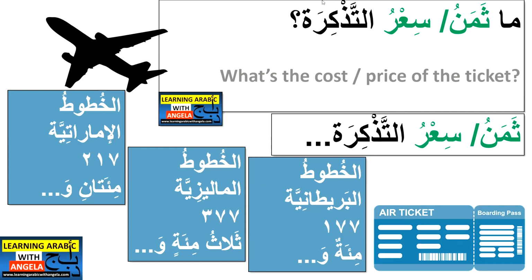For example, على الخطوط البريطانية, if you're going via British Airways, 100, so we're going to start with 100, just like in English, 100 و. Then when we're counting now with these 2 numbers, we're going to start with the ones and then with the tens. So 177. So we're going to imagine that there's a wow here.